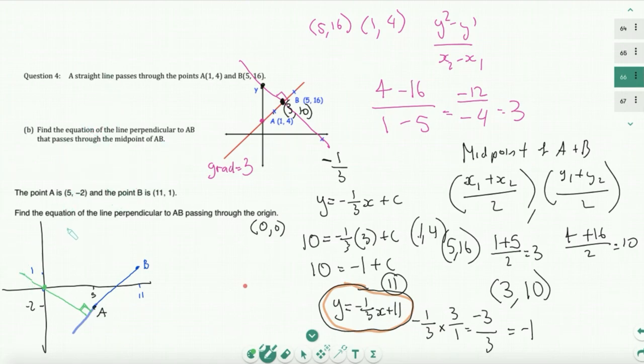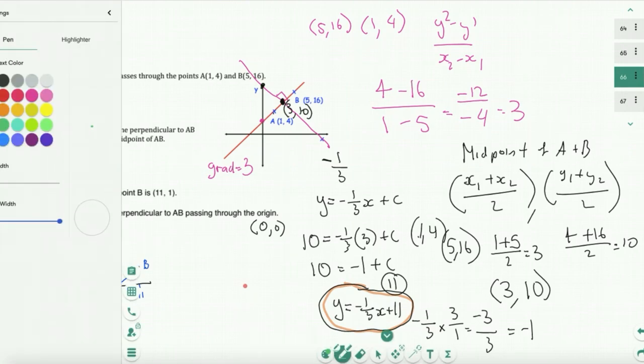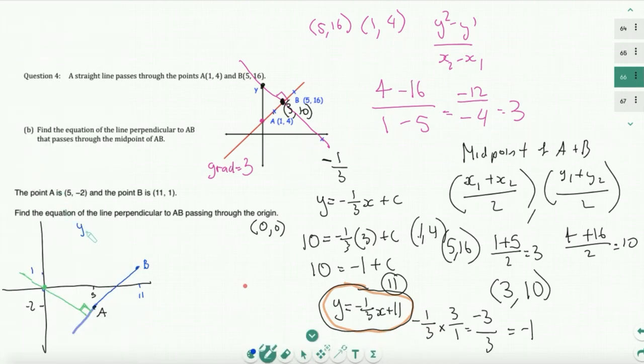To find the gradient, we'll do y2 minus y1 over x2 minus x1 of the blue line. So I'll do it in blue. y2, the second y coordinate, is 1, minus the first y coordinate, which is negative 2, over x2, the second x coordinate, 11, minus the first x coordinate, 5. 1 minus minus 2, well, minus minus turns into a plus, so it's 1 plus 2 is 3. 11 minus 5 is 6.